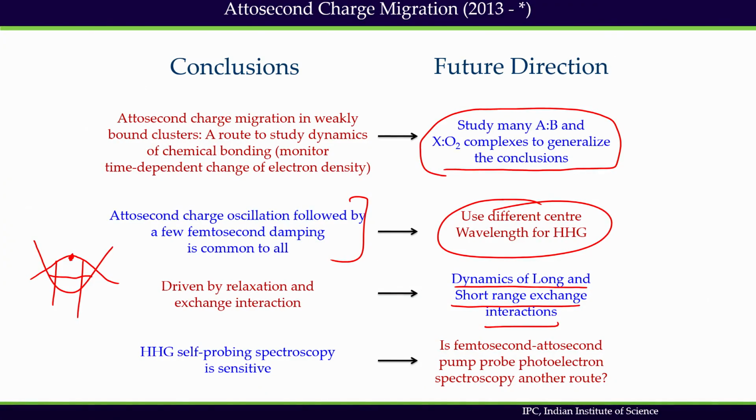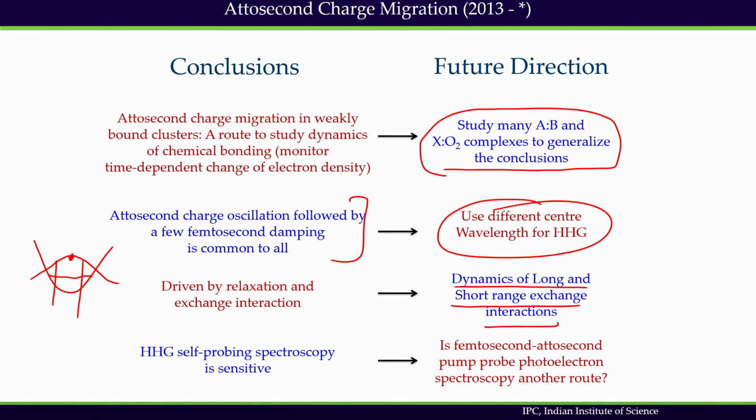And one can ask, what is the typical distance of that exchange of the charge? Can I go this way and still they can exchange? Can I go this way and still they can exchange? So these are the dynamics of long range and short range exchange interactions, which are very important for fundamental physical chemistry, that can be studied with the help of this relaxation and exchange interactions driven attosecond charge migration.